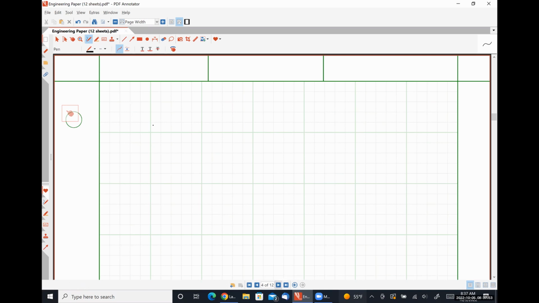So let's say that we have the following network. And we wanted to find the Thevenin equivalent resistance of this network, okay?